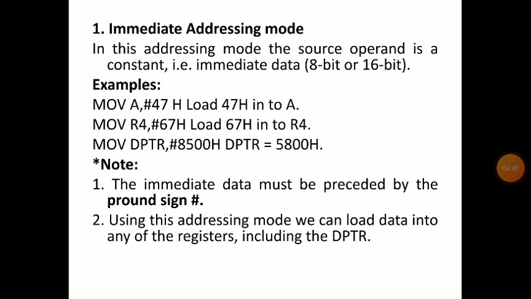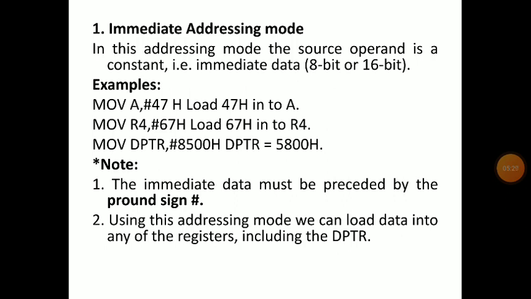Next, MOV DPTR, #8500h. 8500 is 16-bit data, and DPTR is also a 16-bit register, so they are matched. So the 16-bit data will be moved on to DPTR. So by observing this, we can represent the immediate data either 8-bit or 16-bit.